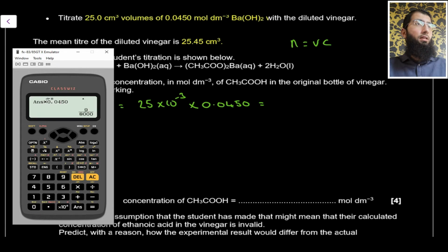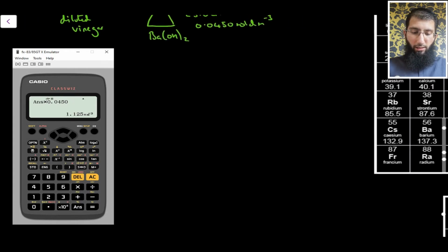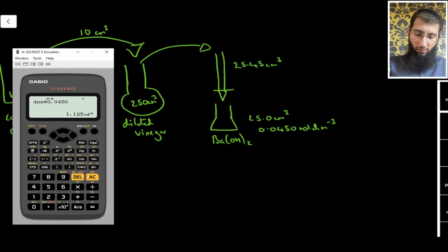That gives us a value of 1.125 times 10⁻³ mol. So I know the moles of barium hydroxide in my conical flask right here.